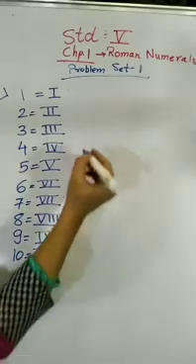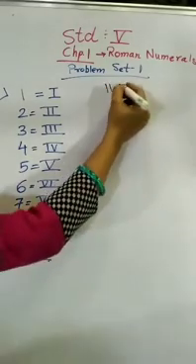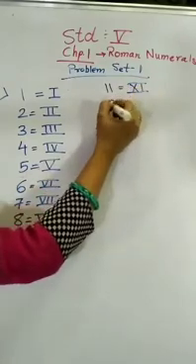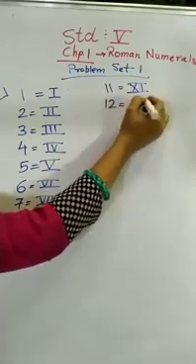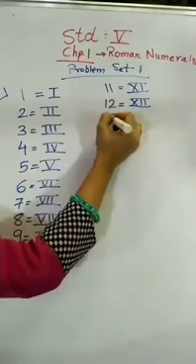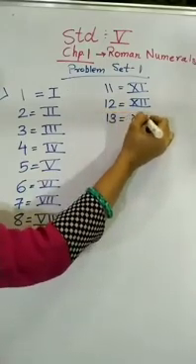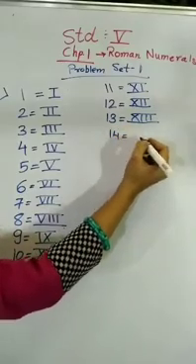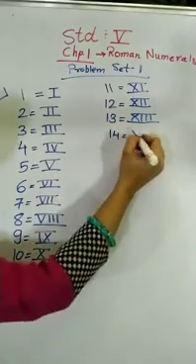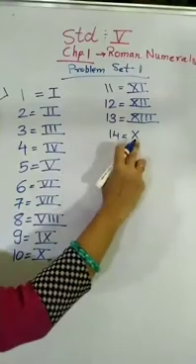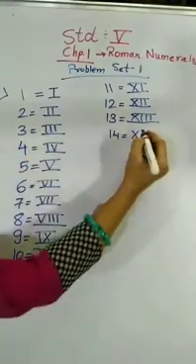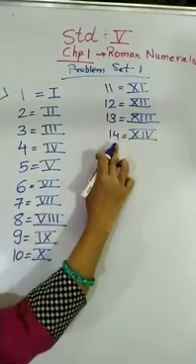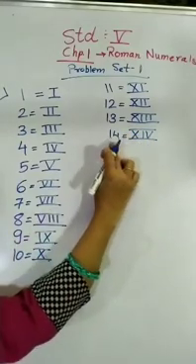Now 11. 11 is X and I. 12 is X, 2I. 13 is X, 3I. For 14 we will write X for 10 and IV for 4. This is the Roman numeral we will use for 14.